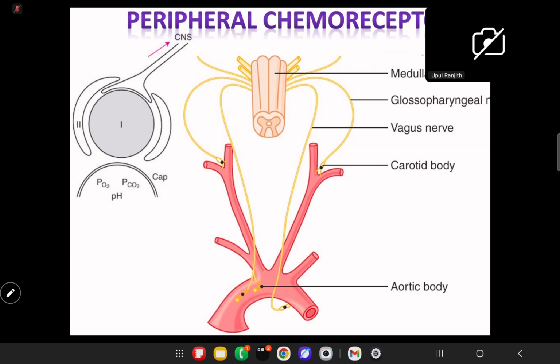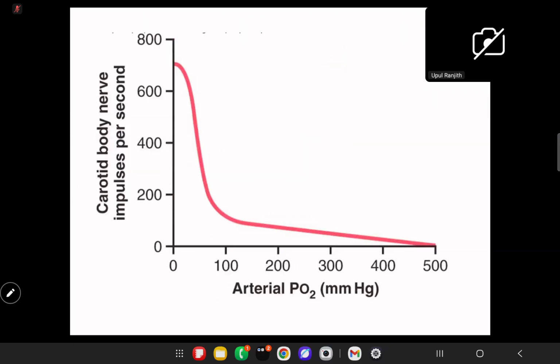The impulses from the carotid bodies are carried by the glossopharyngeal nerve, and the impulses from the aortic bodies are carried by the vagus nerve, the ninth and 10th cranial nerves.